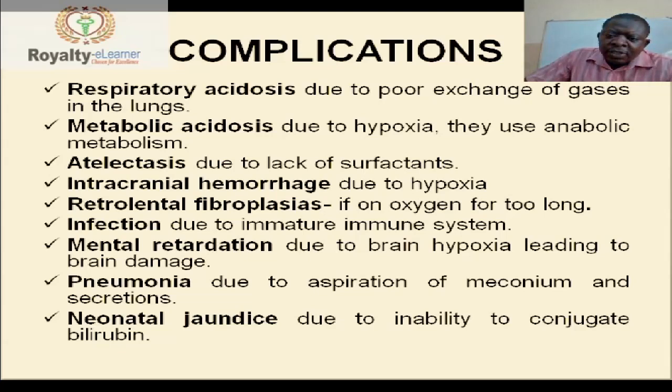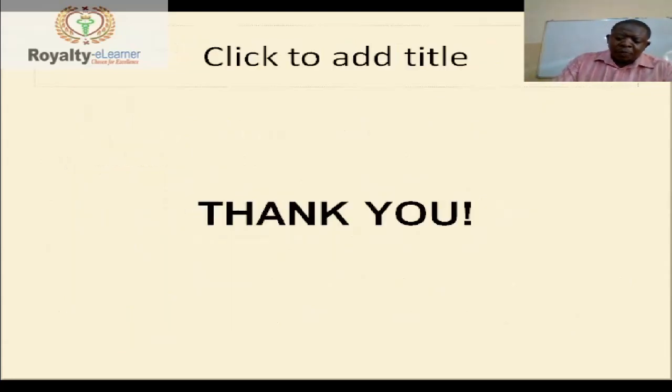Mental retardation that is due to brain hypoxia that is leading to brain damage can also be noticed. Okay, so now pneumonia due to aspiration of meconium and secretion can also be observed as one of the complications, and then we can also have neonatal jaundice, which is due to inability to conjugate bilirubin.